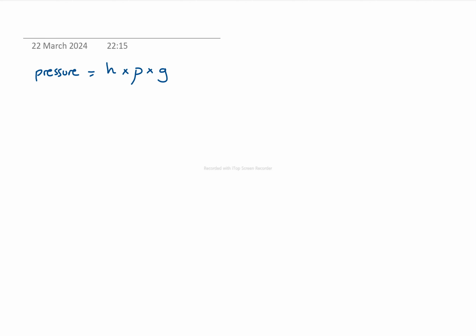Yeah, that's for when you've got a liquid. Pressure also equals force over area. Pressure is measured in pascals or newtons per whatever, but normally meters squared.